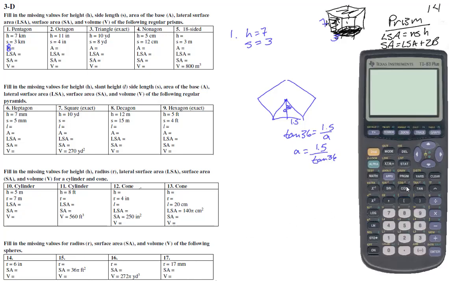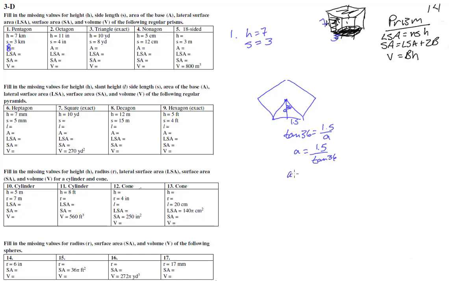Let's plug that into the calculator. 1.5 divided by the tangent of 36 gives us 2.06. So the apothem is 2.06, and then we can get the area of the triangle.